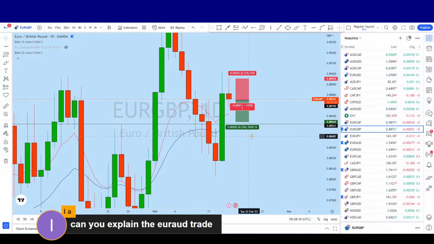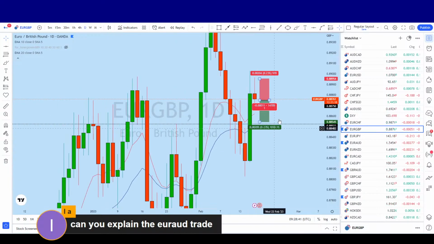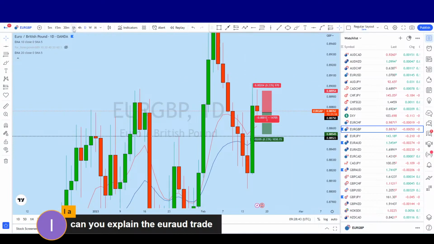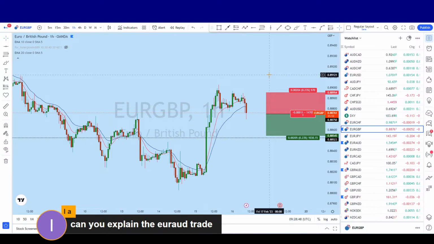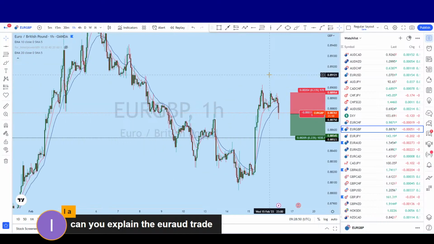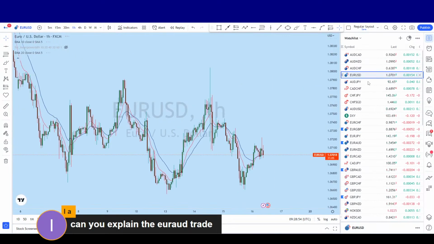We'll test this level, and then we might see Euro GBP going up again. So keep running on Euro GBP.